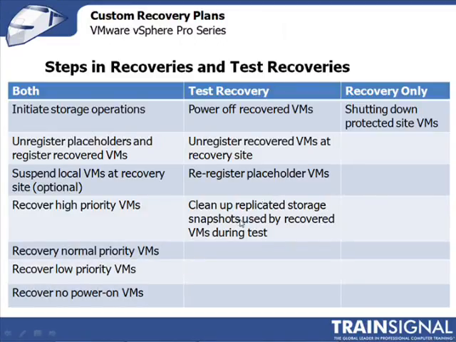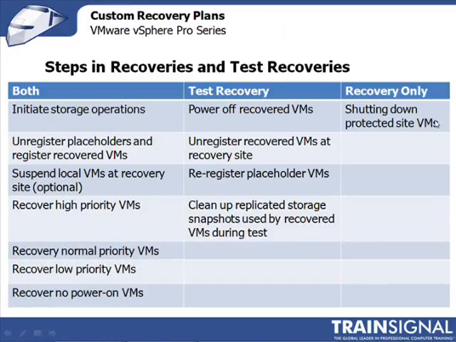And then at the very end, it's going to clean up that replicated storage and get rid of the snapshots that had been used for the recovered VMs during the test. This is just to clean up the storage system and clean up the ESX servers on the recovery site. So again, they're ready to handle a full-out failover should the need arise.